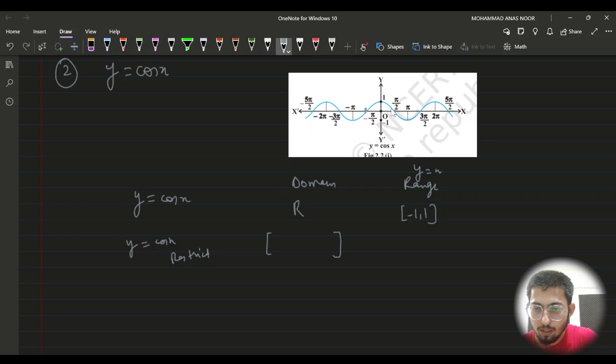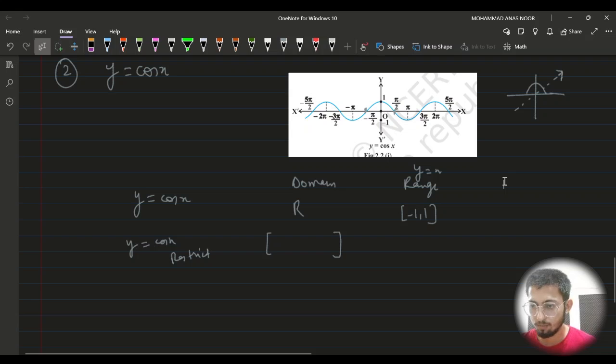Would that be counted as a valid inverse? What will happen if we take the inverse of this? This is the graph, and if the line is this, what would we get? Let me first draw it.